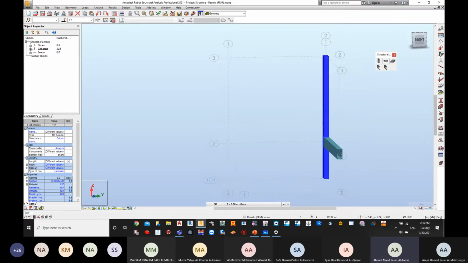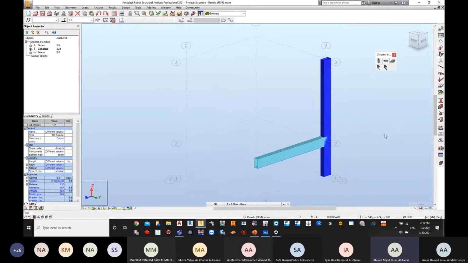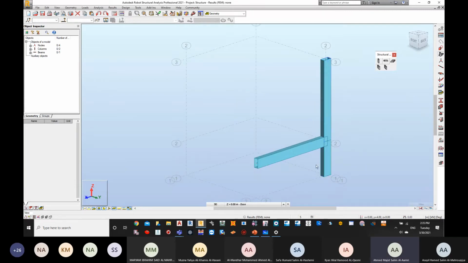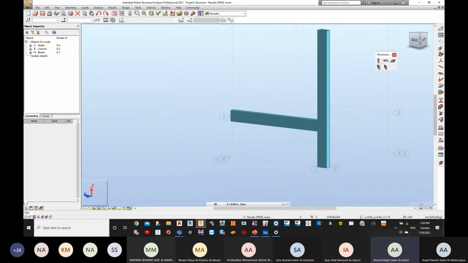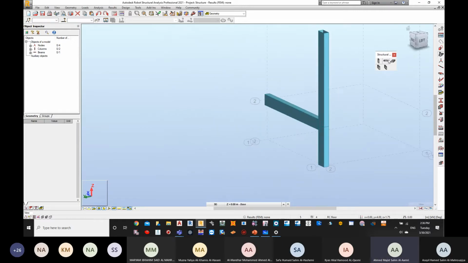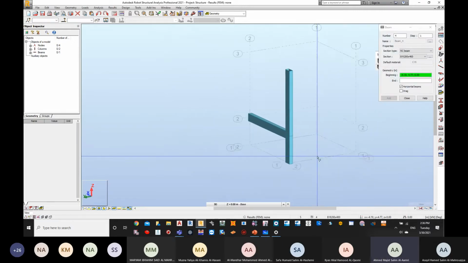Now on the other side, when I design this particular dimension, you will see that in this length we don't have any beam cutting it. So the column on this side should be taken as a full 3.5 plus 1.5, which is 5 meters. If you don't want to do that, then you are going to supply another beam on the other side.